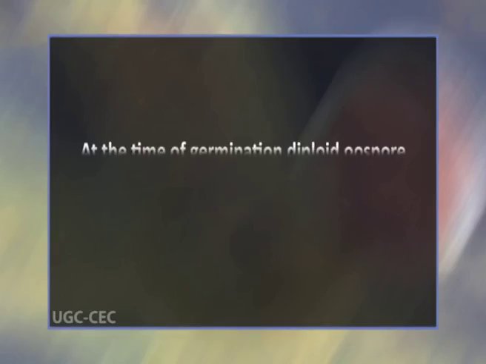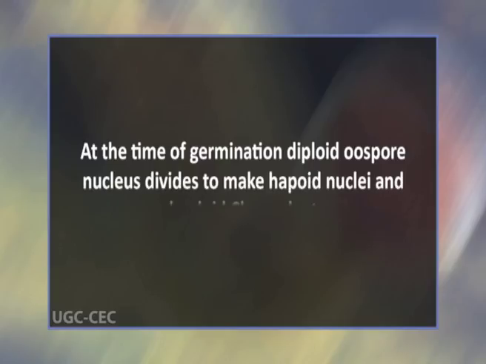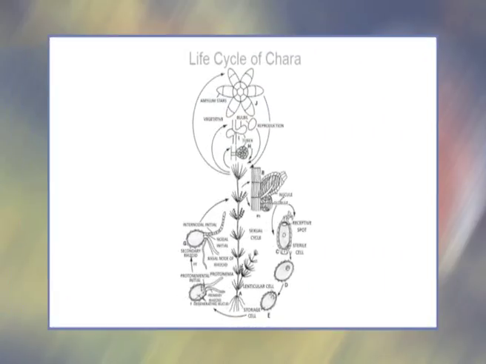The male and female sex organs are the globule and nucule respectively. After fertilization, a diploid oospore is formed. At the time of germination, the diploid oospore nucleus divides to make haploid nuclei and a haploid Chara plant. Thus, the life cycle of Chara is predominantly haploid type.